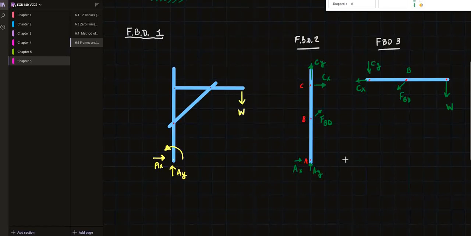Okay, we have one more. I'm drawing this down here. Probably drew it bigger than I needed to, actually. That's fine. So this is link BD. So this is B, this is D here.